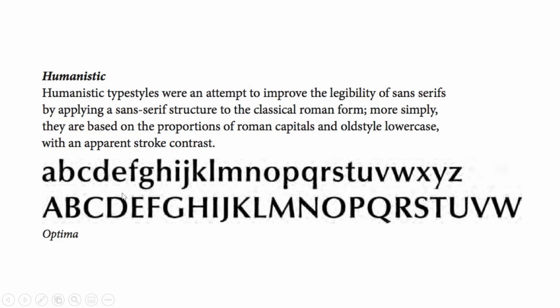But this is the exception. Humanistic is an attempt to blend serifs and sans serifs together. So there is no serif, so it's definitely a sans serif, but it has that strong thick to thin transition, and that's how you recognize a humanistic font. A humanistic sans serif is what you would call it.